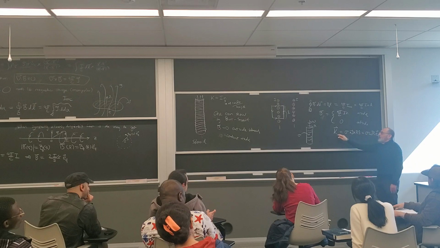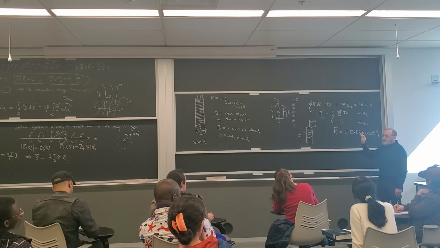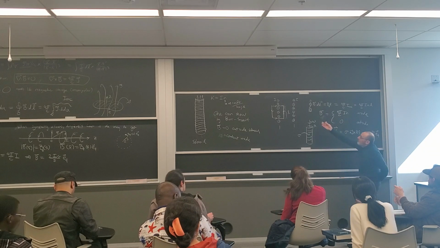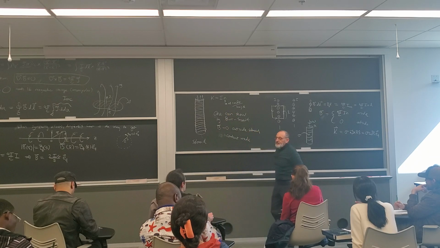This is the surface current density. This is the current per unit length, in the same way that this was the current per unit length, right?